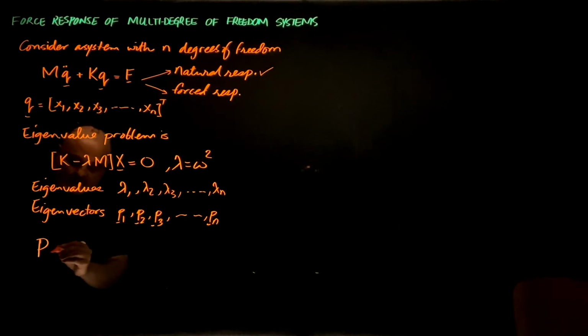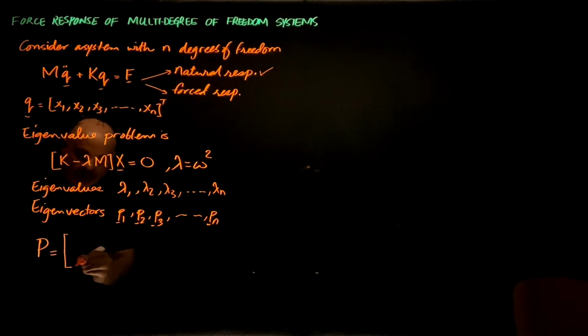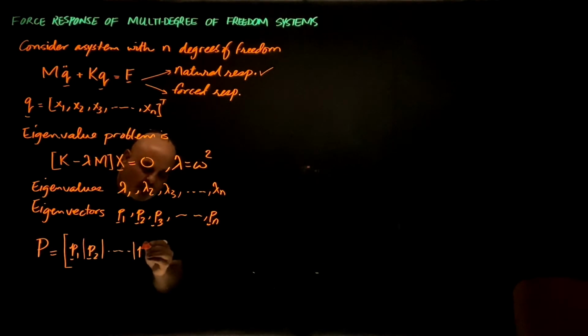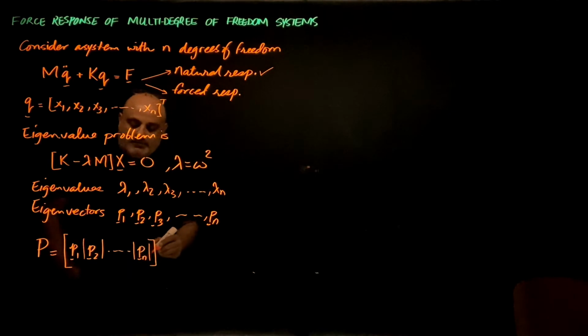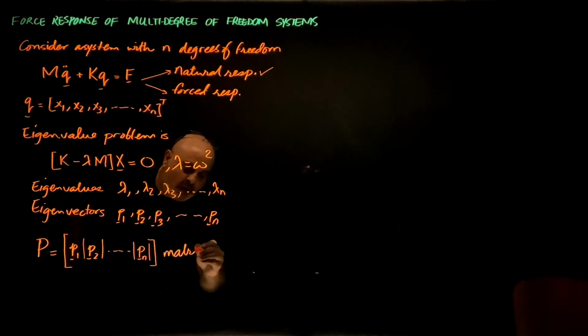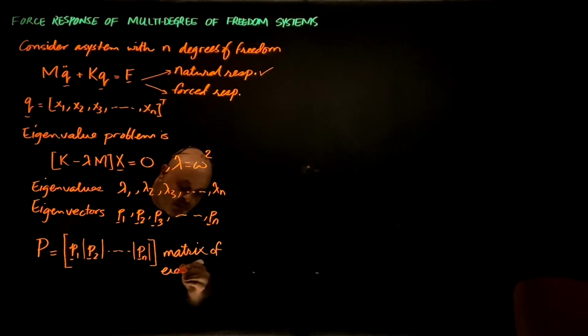P equals a matrix P1, P2, all the way to Pn. This is the matrix of eigenvectors.